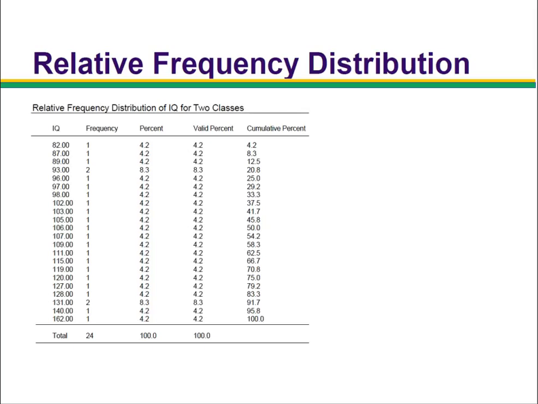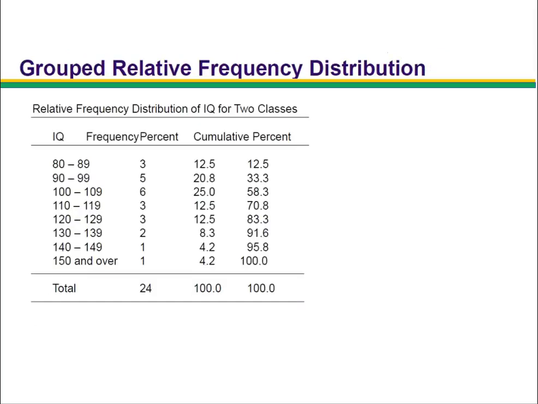This is particularly useful when comparing groups of different sizes. We can even group the data to make it cleaner. Instead of listing every single IQ score, we might group them into ranges, like scores between 80 to 89, 90 to 99, and so on. This is called a grouped frequency distribution, and it makes patterns much easier to see.